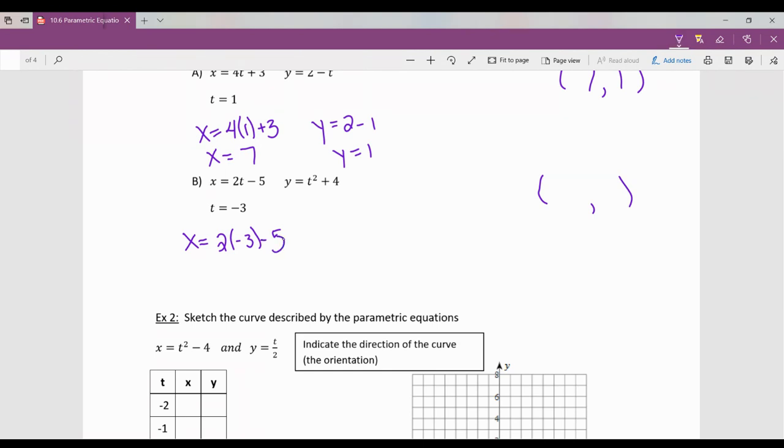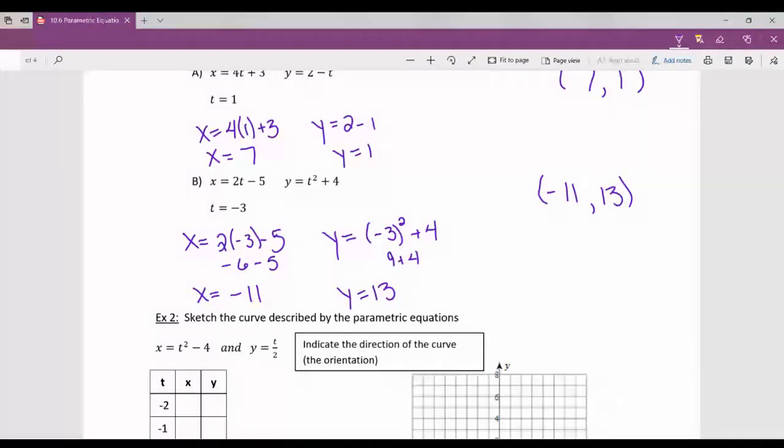So we've got negative 6 minus 5, so x is equal to negative 11. Then y is equal to t squared plus 4, so negative 3 squared plus 4. So we've got 9 plus 4, so my y is equal to 13. So the point is negative 11, comma 13.